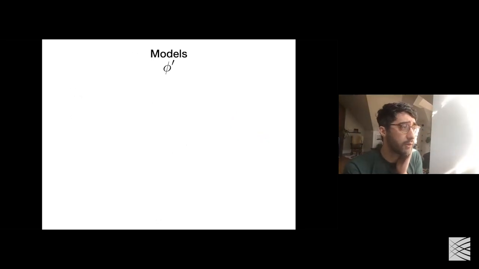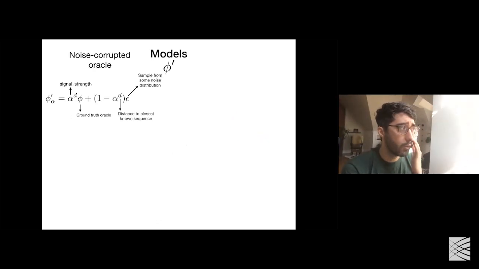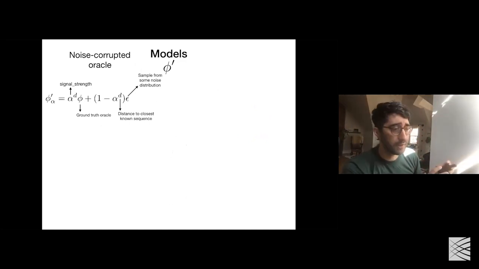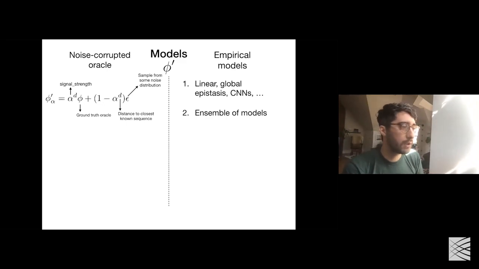In terms of models, I have two classes of models in this. One is we take the ground truth and we noise-corrupt it based on the distance to the sequences that you've already measured. This is a way for you to tune the signal strength of your model, allowing you to study whether your algorithm is sensitive to this or not, and be precise about it. We also have the empirical models that you would normally use, and also a function to ensemble the models together to improve their performance.